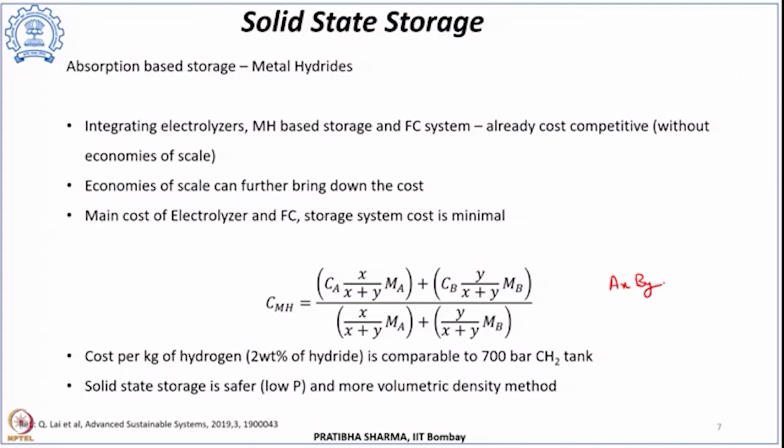Now, if we consider that a metal hydride having a gravimetric capacity of say 2 weight% is used, then the cost per kg of hydrogen being stored in such a metal hydride based system is comparable to a 700 bar compressed hydrogen tank, with the advantage of this particular method of storage being that, since we are storing hydrogen at a much lower pressure, close to ambient, this method of storage is comparatively much safer and the volumetric density is far better compared to the other methods of storage.